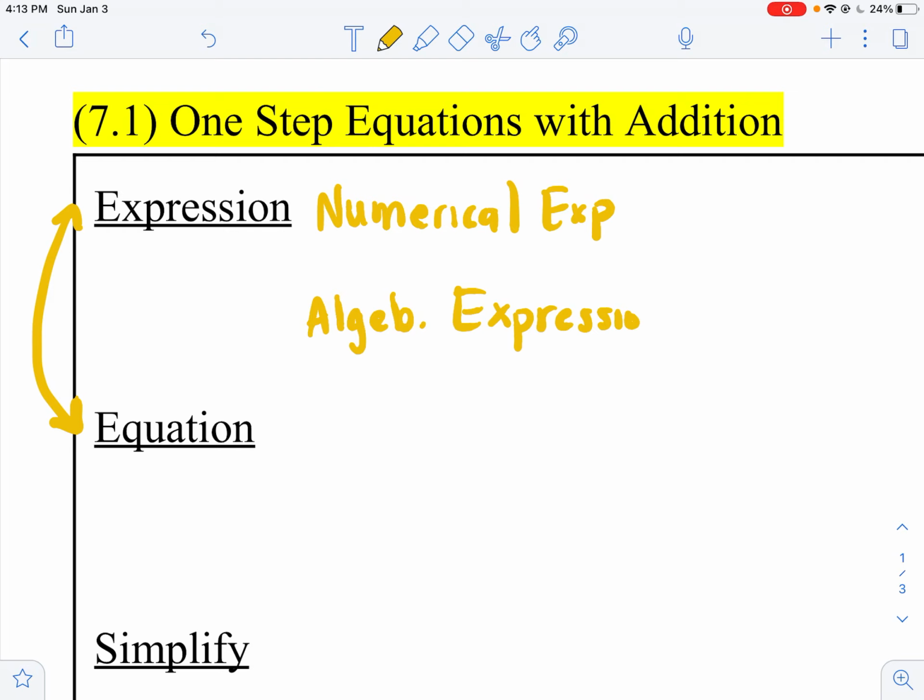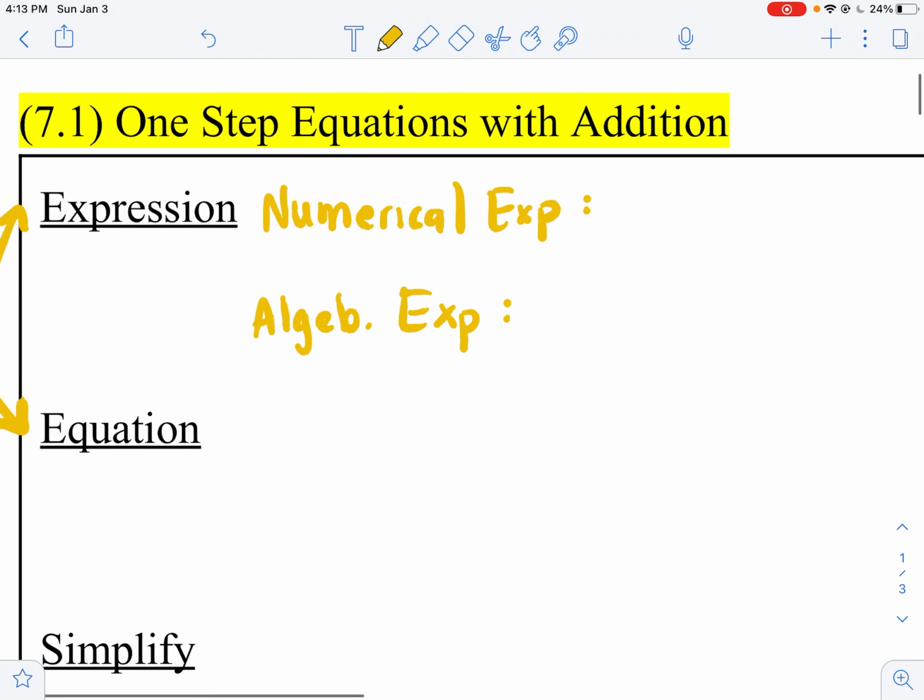Now, numerical expressions, I'm just going to abbreviate, have numbers and operations. So, for example, 2 times 3 plus 4 times 6 minus 1. Just numbers and operations. Algebraic expressions must contain a letter, must contain a variable.